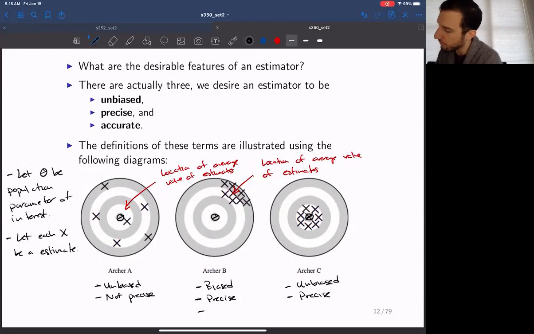So this would also be an illustration where the estimator is not accurate. Accuracy refers to all of the values being essentially precise and close to the population parameter. So in the last case, we have an unbiased, precise, accurate estimator.